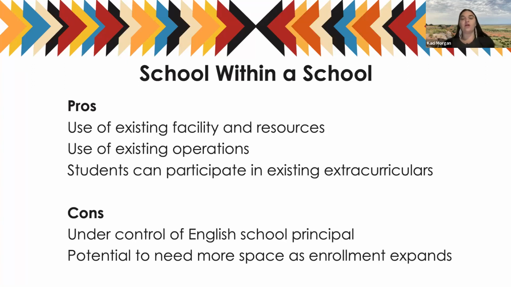Sometimes you have students who are really interested in an immersion model, but may also want to participate in some extracurriculars that you might not have the resources to provide. If you do use an existing school, then you can have those existing extracurriculars, maybe athletic programs, be things that your students can participate in without you having to secure additional resources or funding.